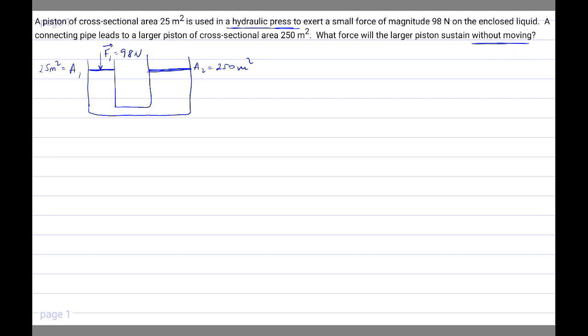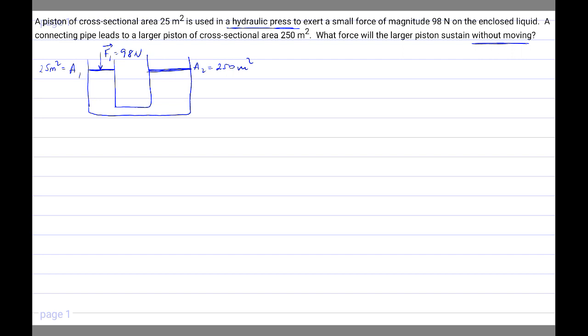So again, the problem says that we have a force F1 that's pressing down on this surface area A1, and then there is a liquid all through here, and this liquid then will exert a force F2 on the larger area A2.